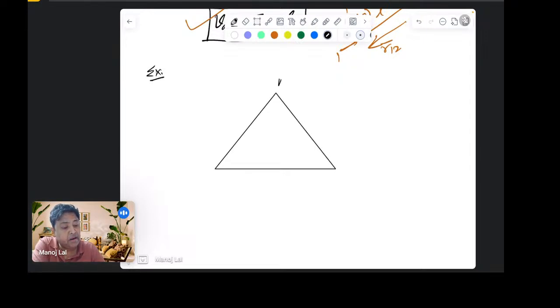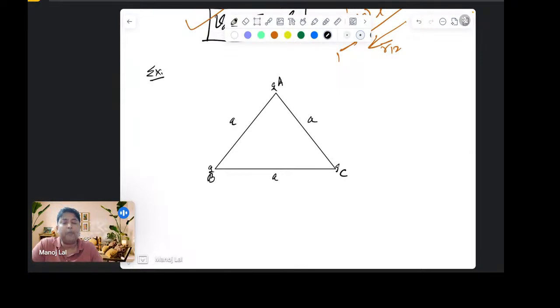So let these three friends A, B, and C be at the corners of an equilateral triangle, and at t equal to 0, friend A starts moving towards B, B towards C, and C towards A. So all three start following the next one like that.